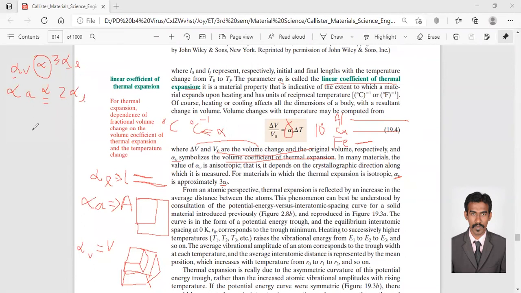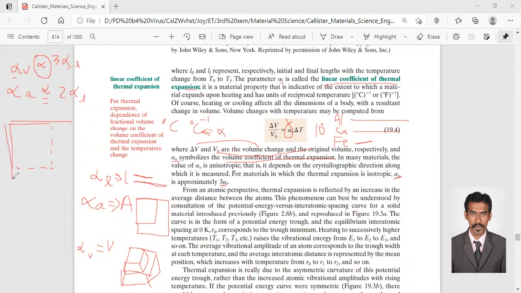Let's see how that is. Say for example, you have a length here, and you heat it and you now get a new length, this one. If you have an area, when you heat this area, what will happen? Along this length also the length will increase, and along this length also the length will increase.